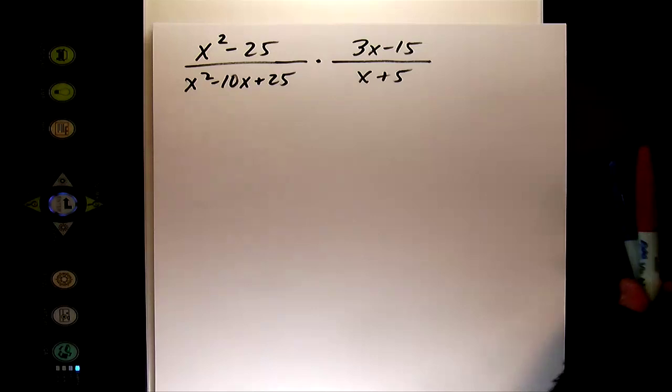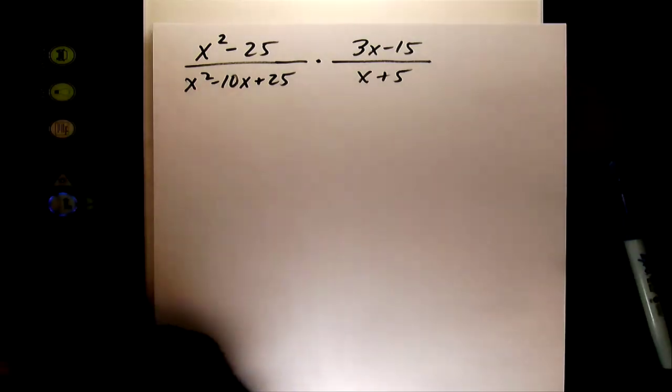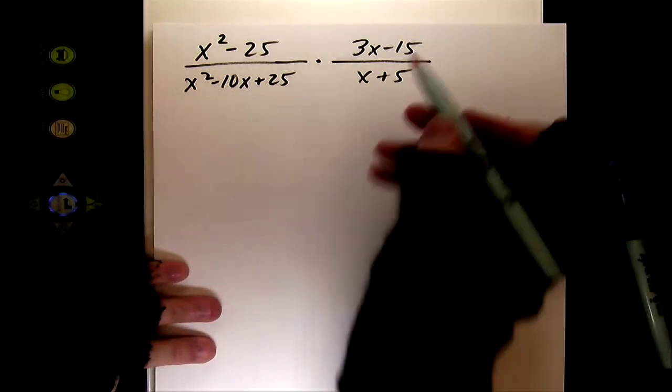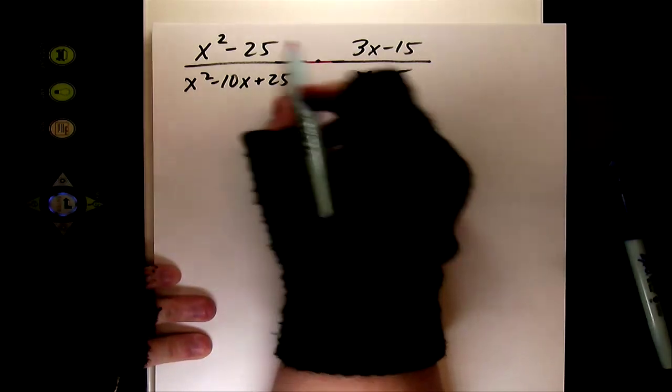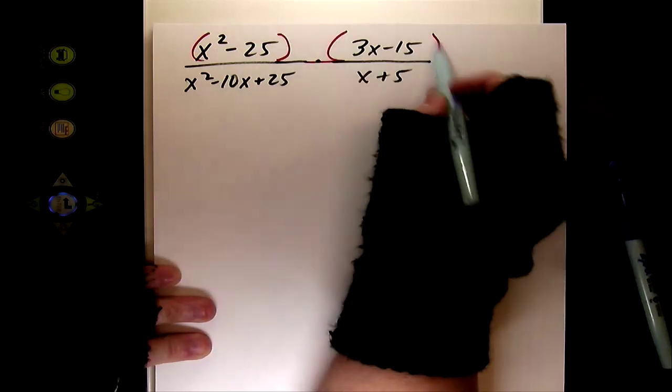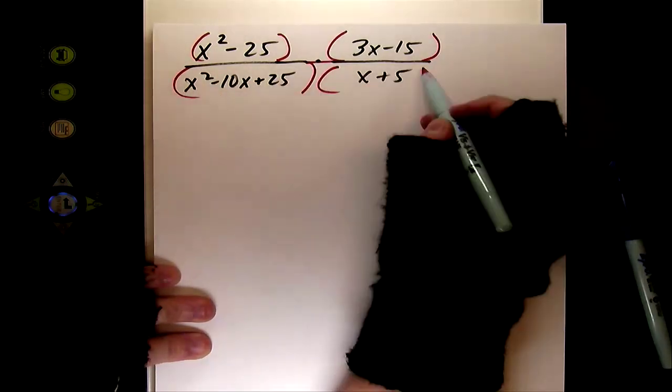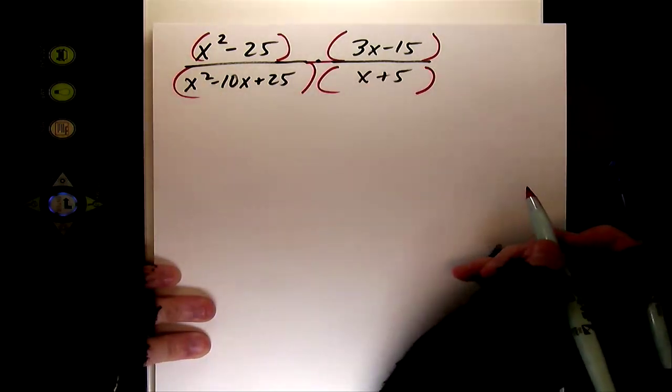So what we did before still holds, because when you multiply fractions, I can make this just one big fraction if I put these in parentheses. And now it's one big fraction.